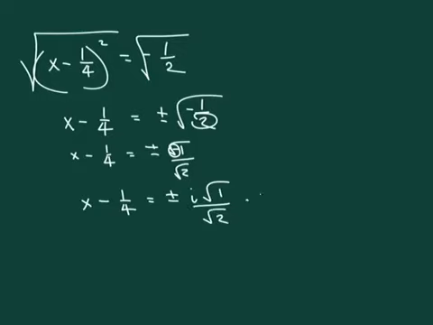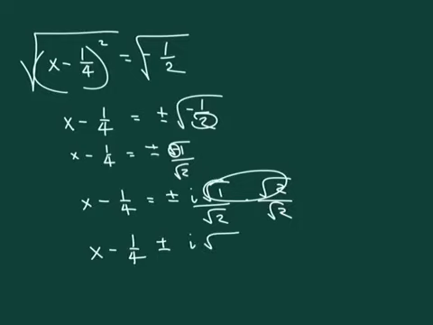So we multiply top and bottom by the square root of 2. And that gives me x minus 1/4 equals plus or minus, this times this is the square root of 2. This times this equals the square root of 2 squared, which is equal to 2. So that 2 then goes right there.